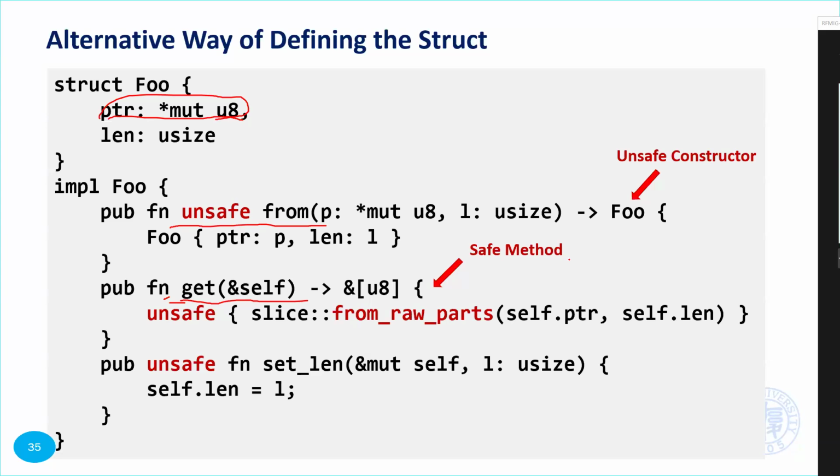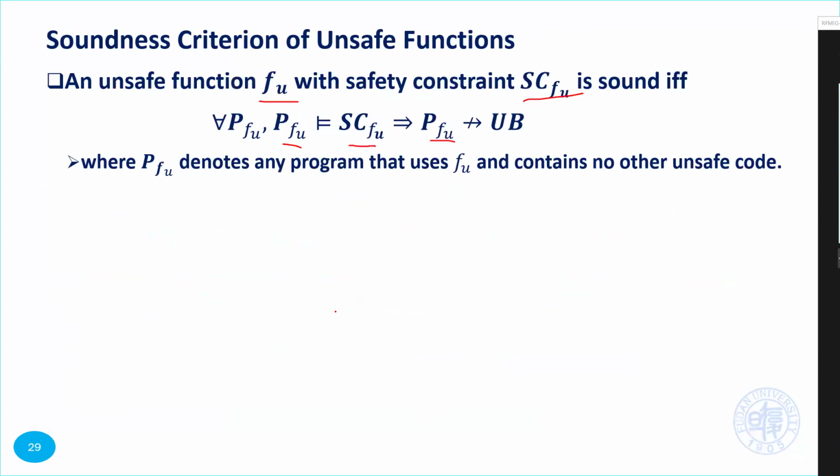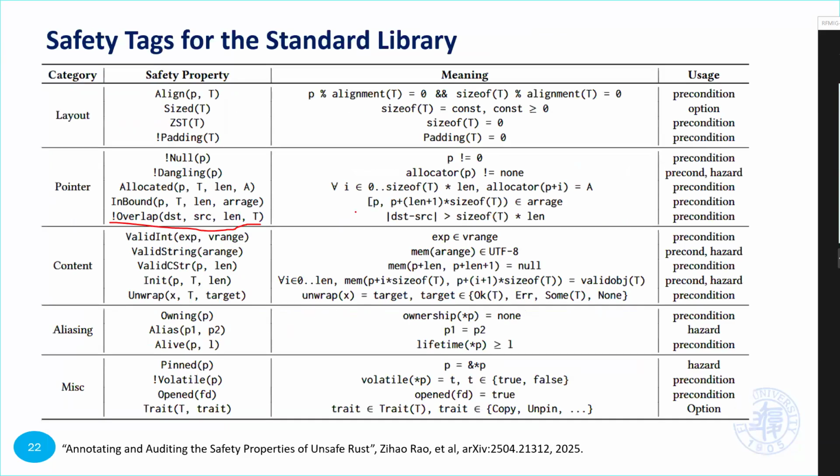You had this slide. So I was wondering about the meaning of all of these safety tags. You had the slide where you had them in a table, I think, but it was a bit fast for me to follow. For some of them, it's easy, like alignment and sizes and all that stuff.